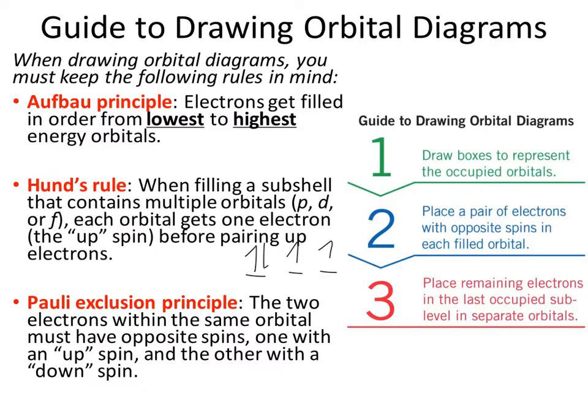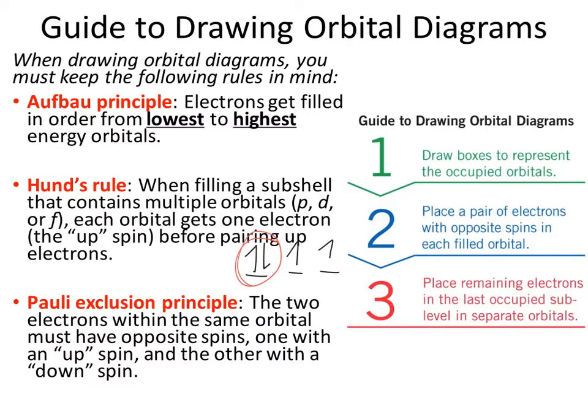And the last thing is the Pauli exclusion principle, meaning that no electrons can have the same 4 quantum numbers. So we're going to be showing one as an upspin and one as a downspin, and we actually already showed that over here. So Hund's rule and the Pauli exclusion principle go hand in hand. We're going to make sure that each one of these orbitals has one electron in the upspin, and then we're going to double them up using a downspin.